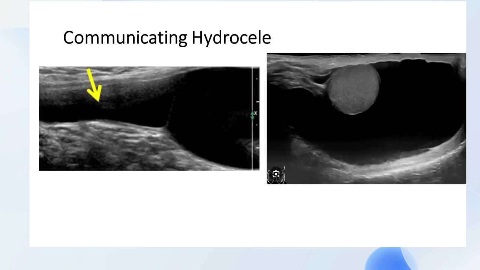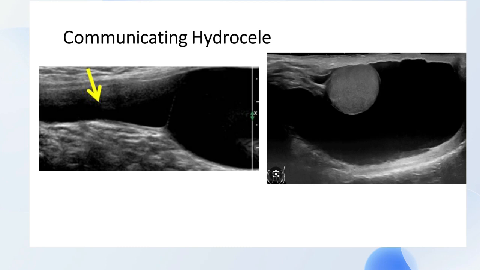So there are different types of nomenclature again for a hydrocele. There is hydrocele which is confined to the scrotum, like I showed you in the previous images, but there is also hydrocele that extends all the way into the inguinal canal.